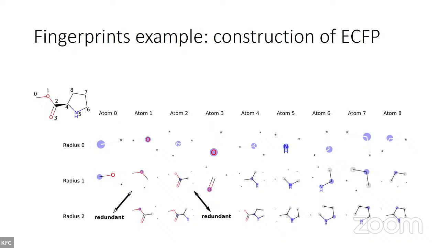When we extend the radius, this means that we include all direct neighbors of the radius 0 fragments. For example, atom 0 has as its neighbor atom 1. Atom 1 has as its neighbors atoms 0 and 2. Atom 2 has as its neighbors 1, 3, and 4, and so on. In this way, we construct our radius 1 environments. Then for radius 2, we do exactly the same thing.